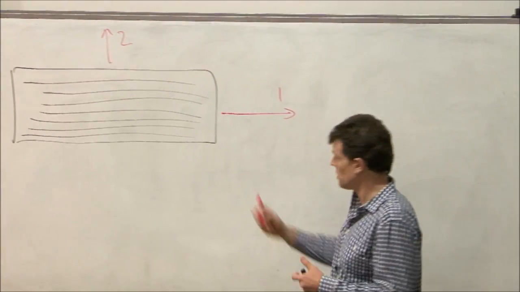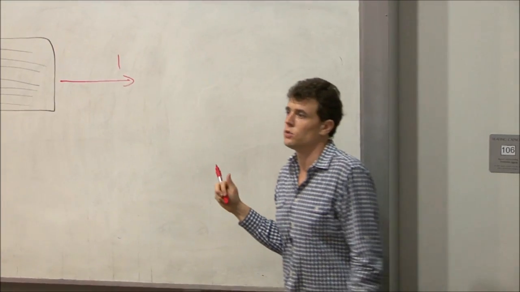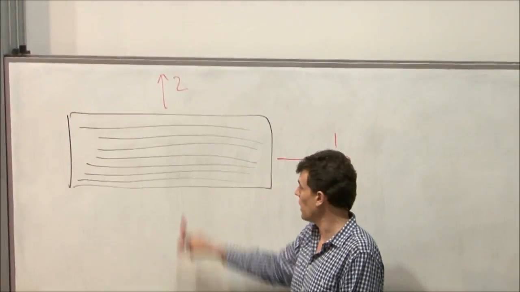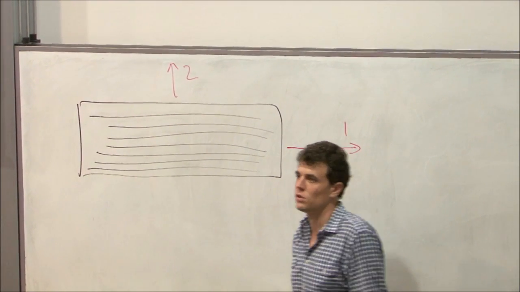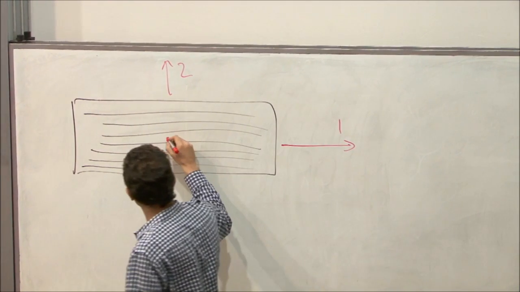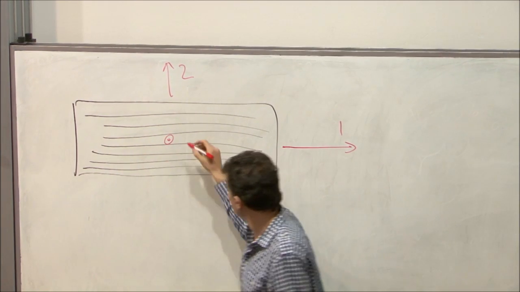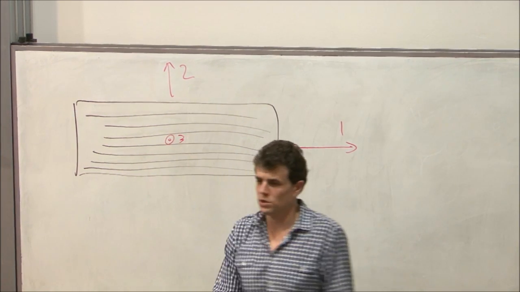So 1 means in the fibre direction. 2 means across the fibres, but in the same plane as our sheet of material. And 3, if we define it, is the through thickness direction.